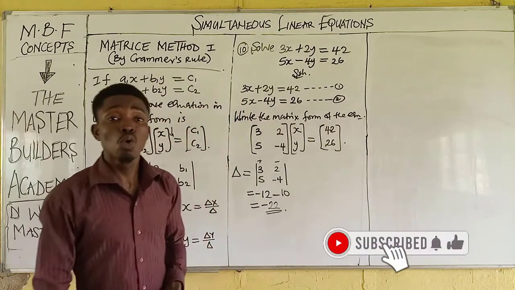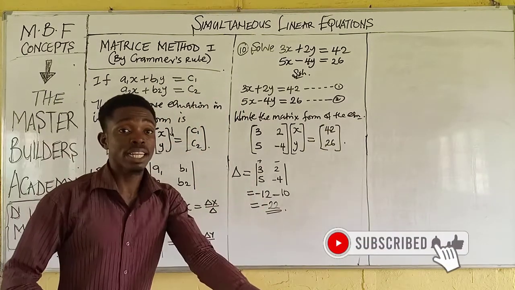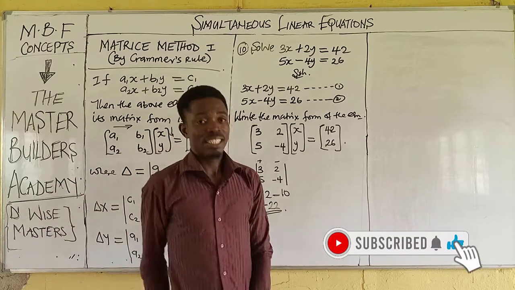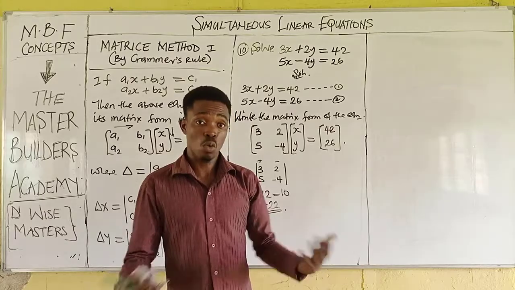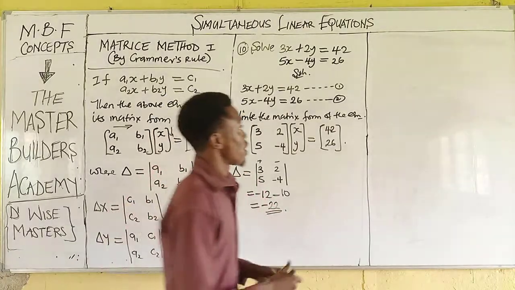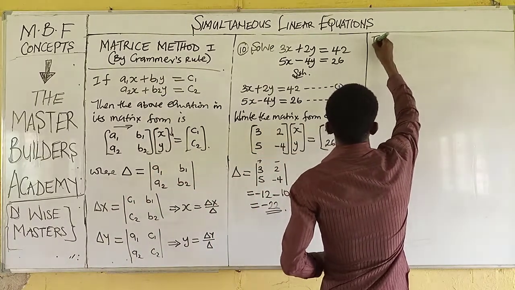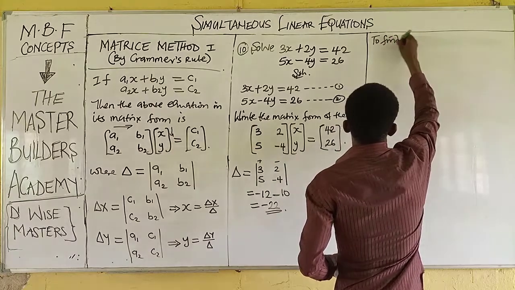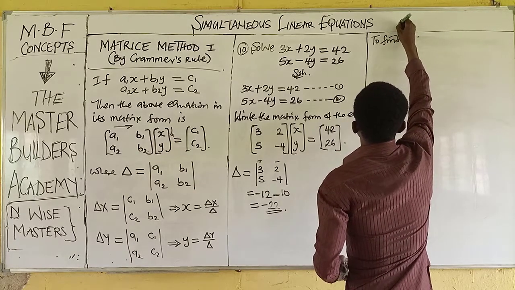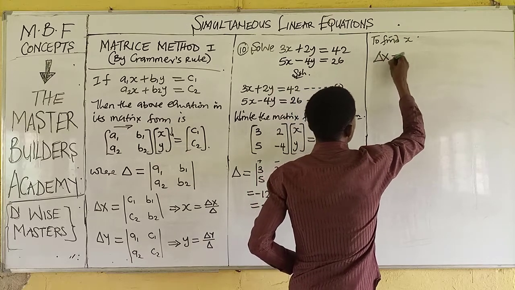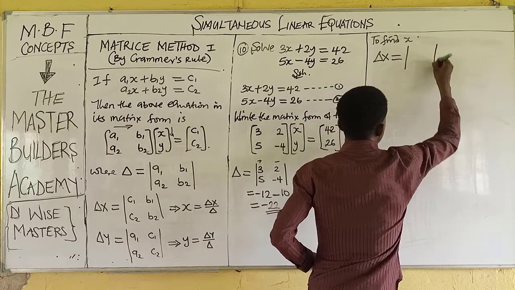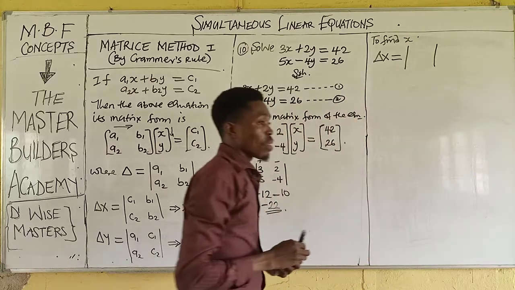Then the next thing we do, which happens to be step 3, is to decide on the variable we want to find first, whether x or y. So let me start with x. Alright? So now, to find x, the first thing we must find is the determinant with respect to x. So you create your determinant symbol.